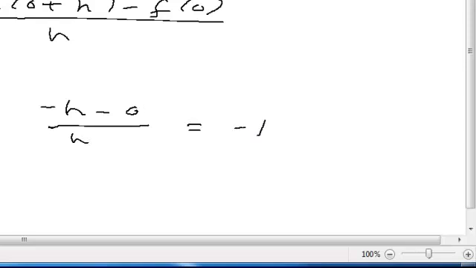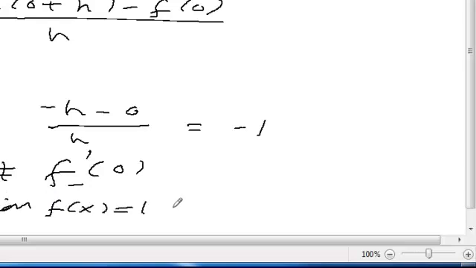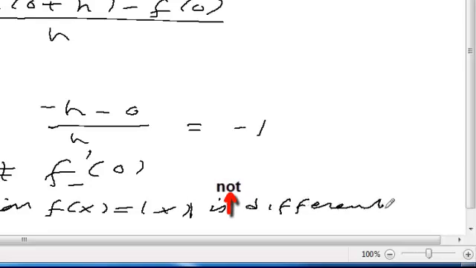Since f dash 0 plus does not equal f dash 0 minus, the function f of x equals absolute value of x is not differentiable at x equals 0.